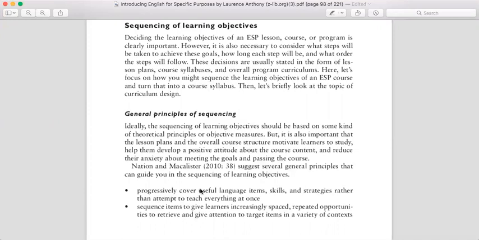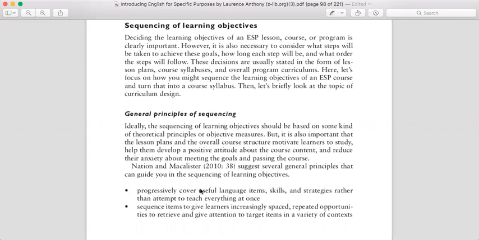These are just suggestions, maybe some of the options through which you can sequence, you can order the objectives that you have already decided. The most important thing in sequencing these learning objectives is that they end in the design of a syllabus and later a curriculum.